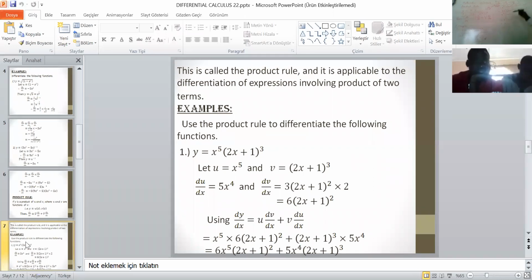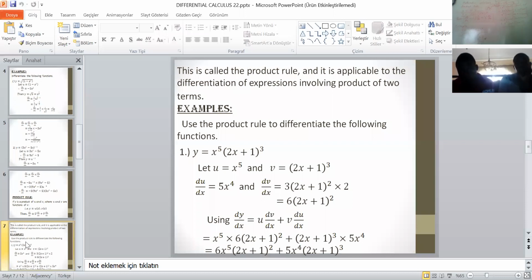Our u is x raised to the power 5, then dv/dx is 6 brackets open 2x plus 1 raised to the power 2, plus our v, which is 2x plus 1 all raised to the power 3, times du/dx, which is 5x raised to the power 4. If you bring this together, 6 comes out. You have 6 into x raised to the power 5 times 2x plus 1 squared, plus 5x raised to the power 4 times 2x plus 1 all raised to the power 3.